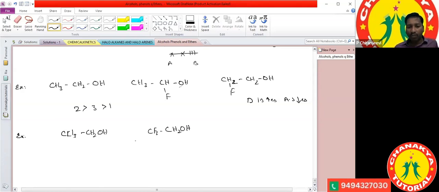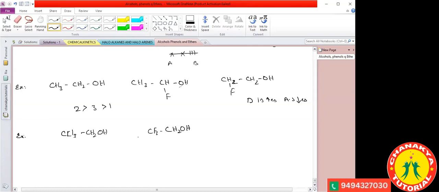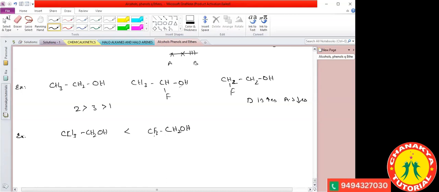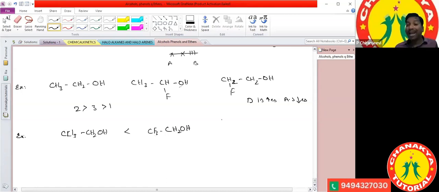In these two, which one is more acidic? Fluorine, sir. So the second. How do you say fluorine is more acidic? Because fluorine has a higher electron withdrawing tendency. If we compare the halogens, fluorine has more electron withdrawing tendency: fluorine is greater than chlorine, chlorine is greater than bromine, bromine is greater than iodine.